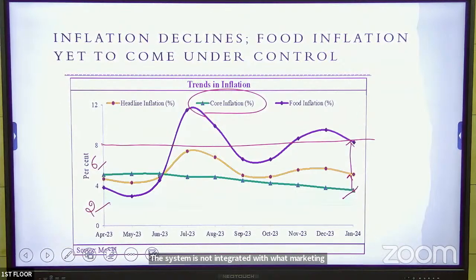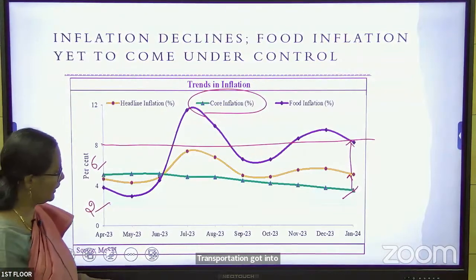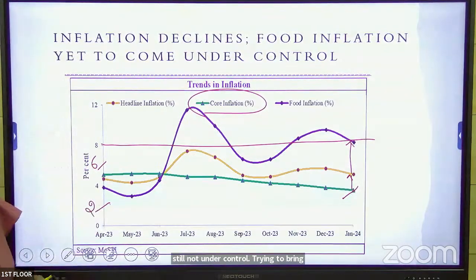We have surplus in one monsoon but can't store commodities. Global wheat shortage. Okay, so varieties of reasons. Food inflation is mainly because of vegetables, milk, oil, and transportation got into trouble. So food inflation is still not under control. We are trying to bring it under control.